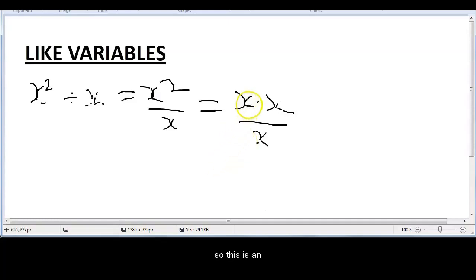So this is an x and this is another x, all on the numerator. On the denominator side we have only one x, so one x on the numerator will cancel out one x on the denominator side. You cannot cancel x and x both on the numerator side.